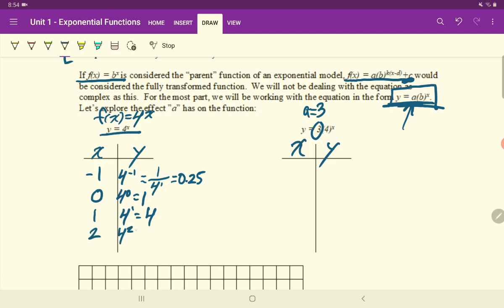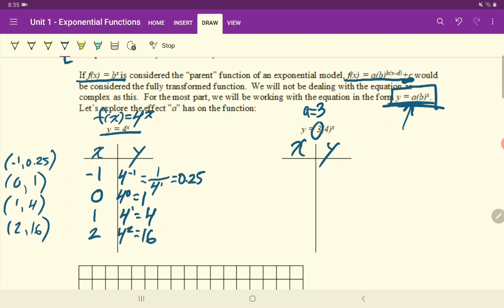And 4 squared is 16. So our coordinates are -1, 0.25; 0, 1; 1, 4; and 2, 16.